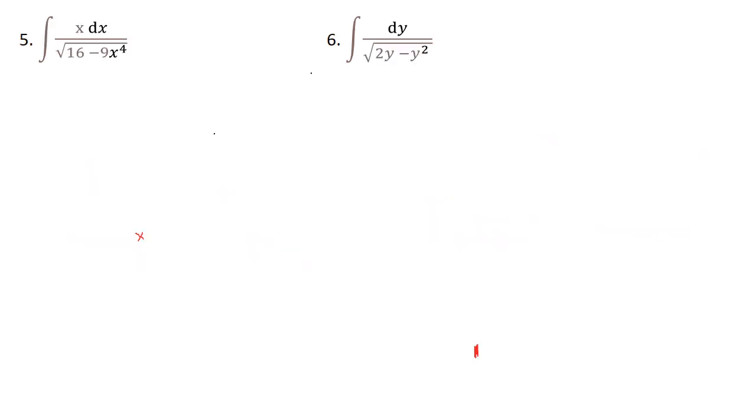So integral of x dx over square root of 16 minus 9x to the fourth. So we have this one, solution.